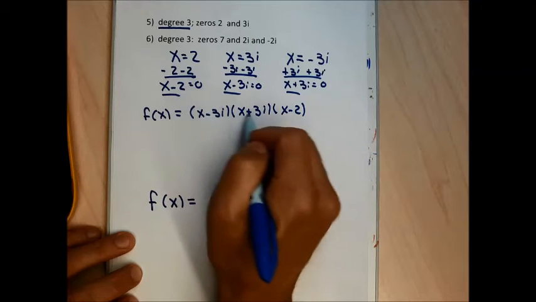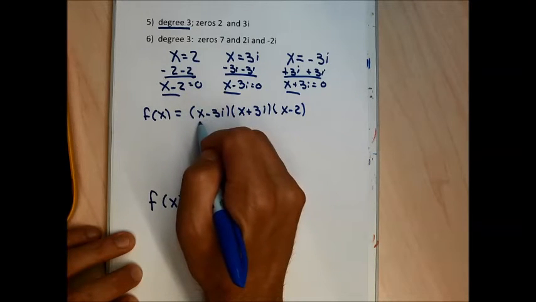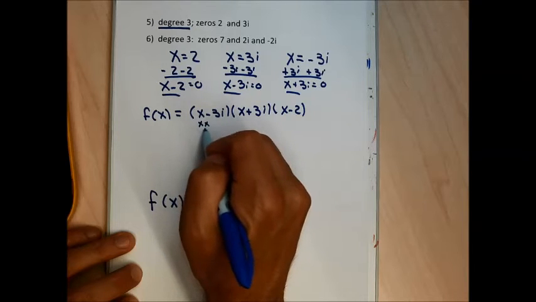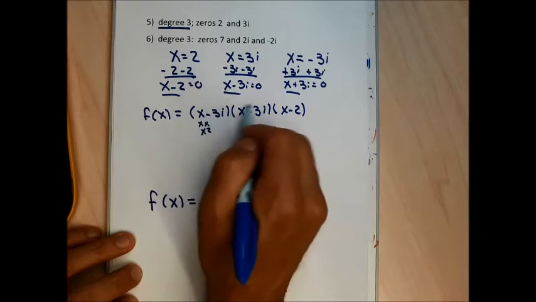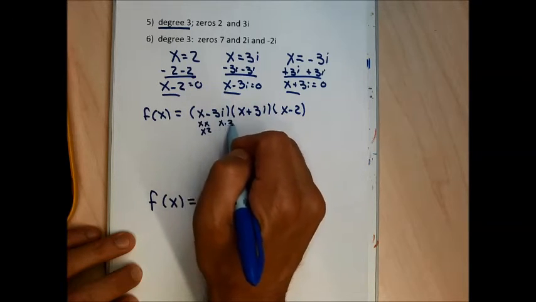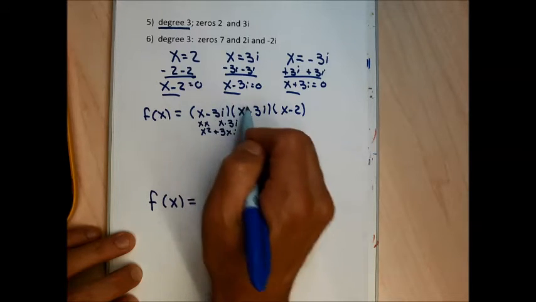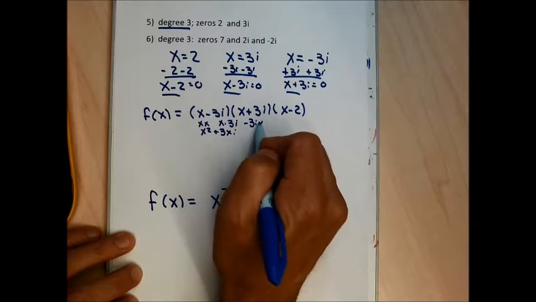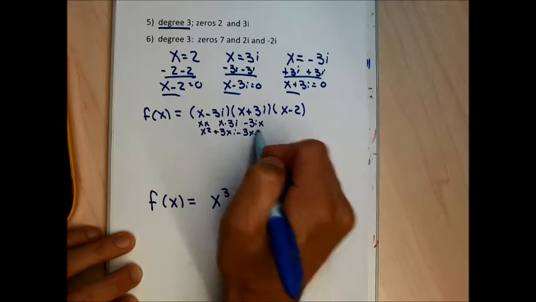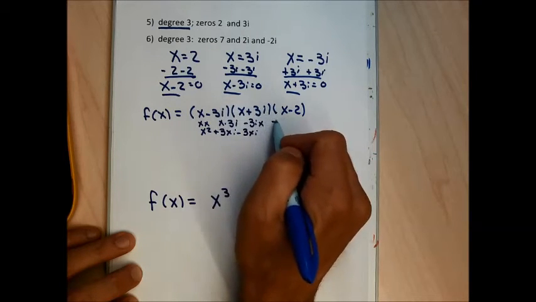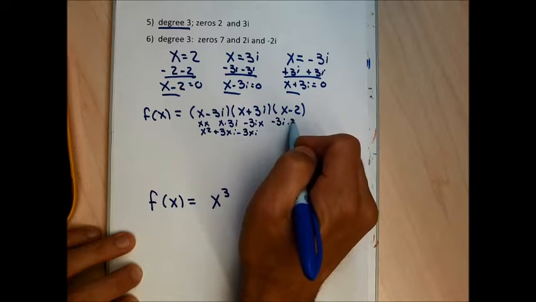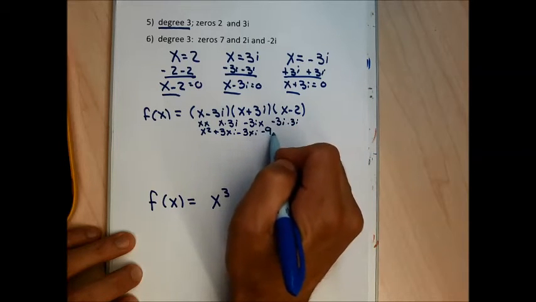For the first stage, I'm going to FOIL these. So firsts are x times x, which is x squared. Outers are x times 3i, which I'm going to write plus 3xi. Inners are negative 3i times x, which is minus 3xi. And last are minus 3i times positive 3i. That's minus 9i squared.